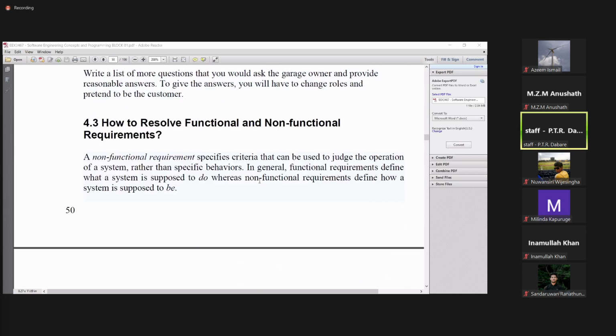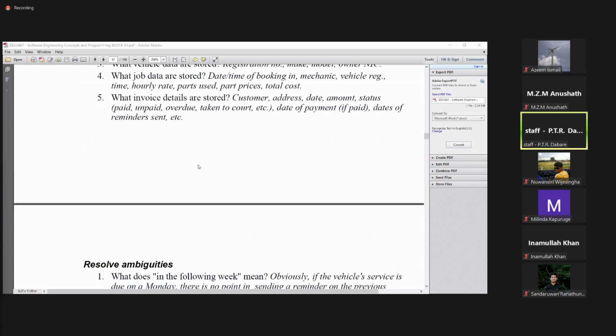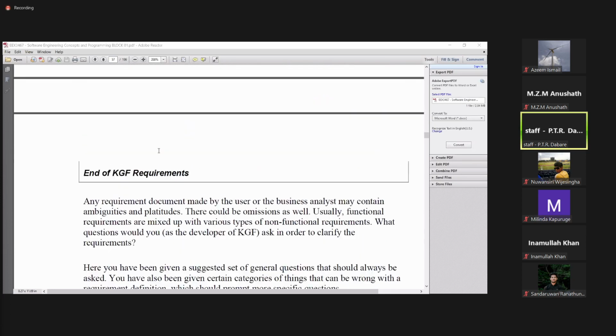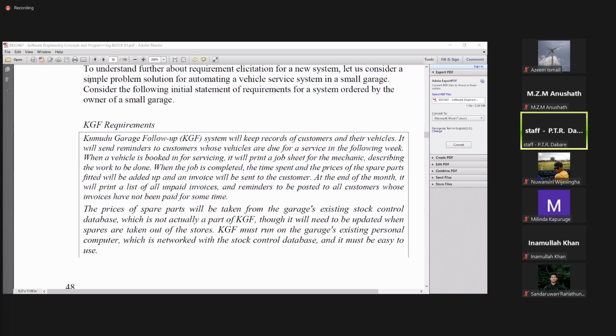So in the Kumudu Garage system, they have written what is expected: this system will keep records of customers and their vehicles, and it will send reminders to customers. You have to get this type of statement. You can't just ask, tell us a requirement statement. They will be like, what are you asking?